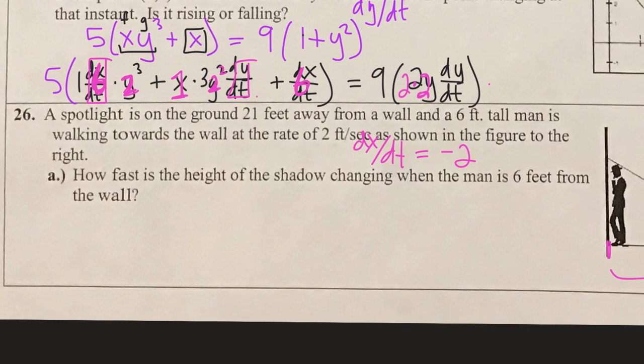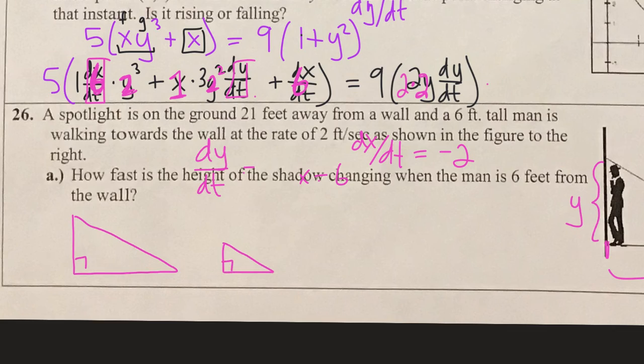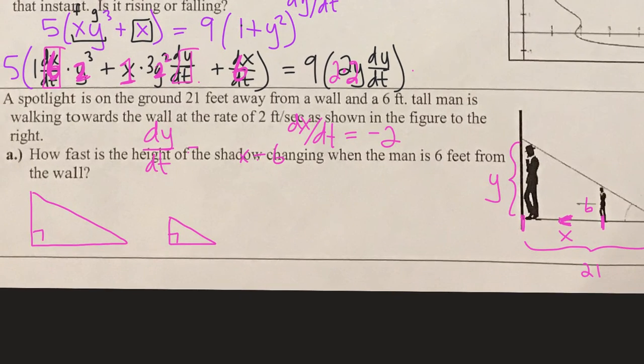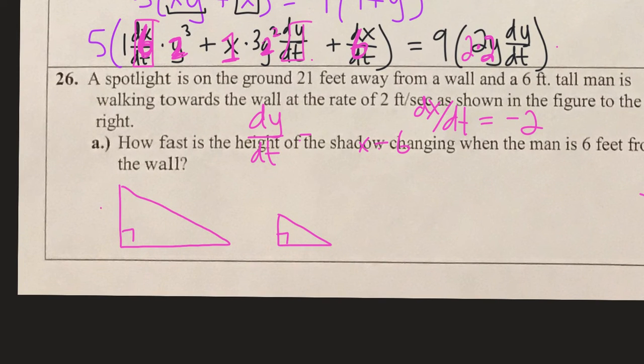Let's see, how fast is the height of the shadow changing? So we're going to call this y, the vertical distance. We want dy/dt when x equals 6. Okay, so we're going to set up a proportion because we have some similar triangles. Anytime we have this triangle inside of a triangle business, we have similar triangles. Okay, so we know that the wall is y, right?